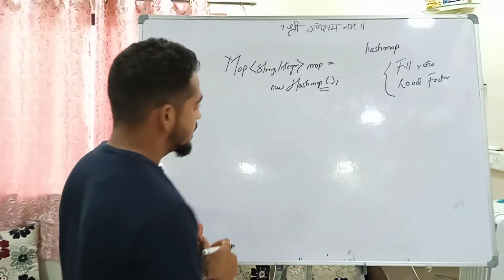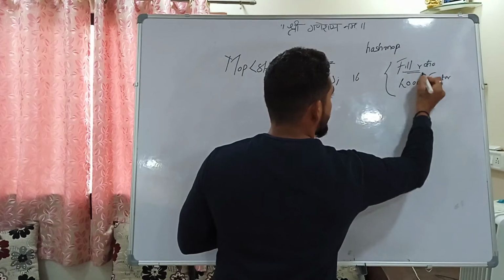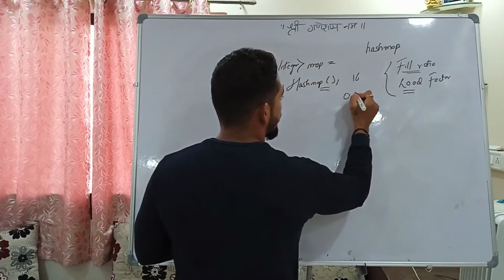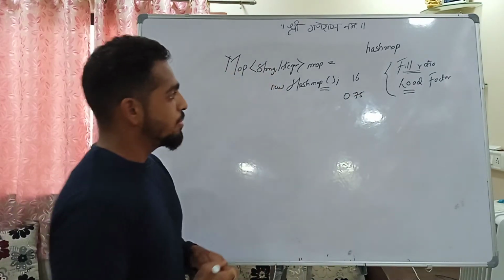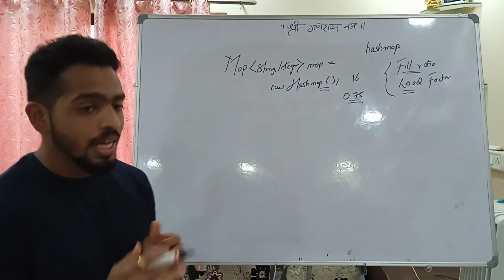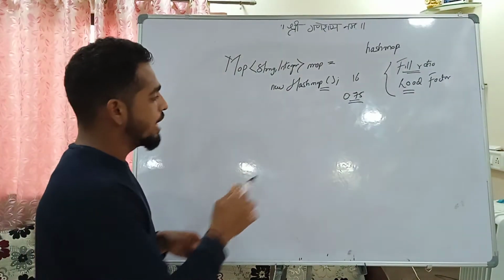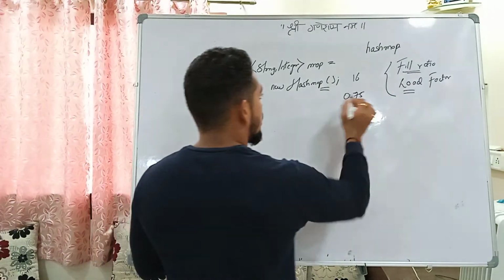For example, the size of the hash map is 16 and the fill ratio or load factor is 0.75. So what exactly is it? It is nothing but a number which gives an indication to the hash map that we are about to fill and we need to recalculate and restructure the buckets. That's what load factor is.